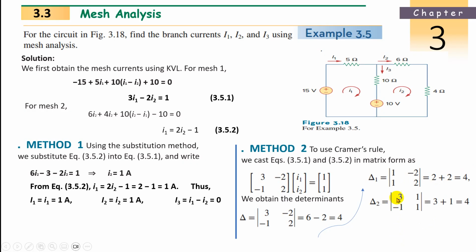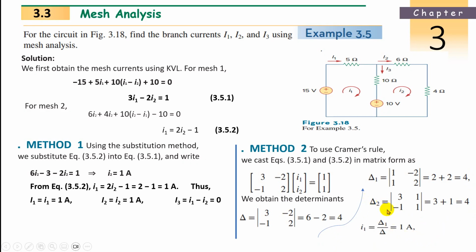Now determinant 2: keep 3 minus 1 as it is and replace the other column with 1 and 1. 3 into 1 minus, or rather plus 1 into 1, so 3 plus 1 is 4. So all are 4, and the current will be 1 only.